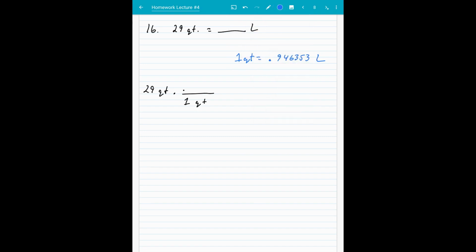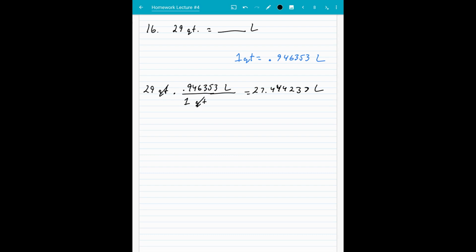So 0.946353 liters. Quarts cancel out. So 29 times 0.946353. That gives us 27.444237.